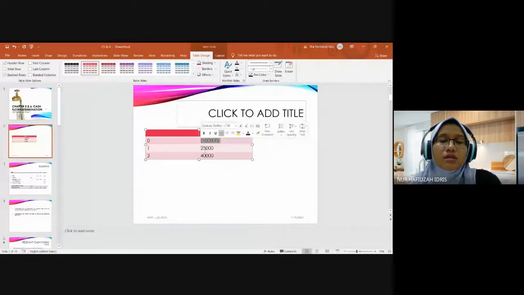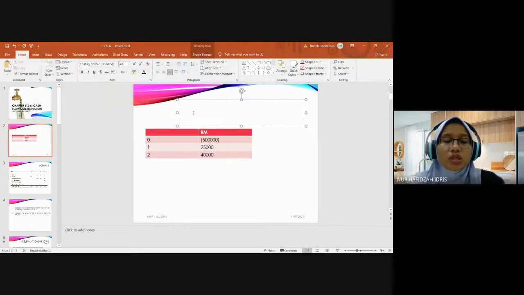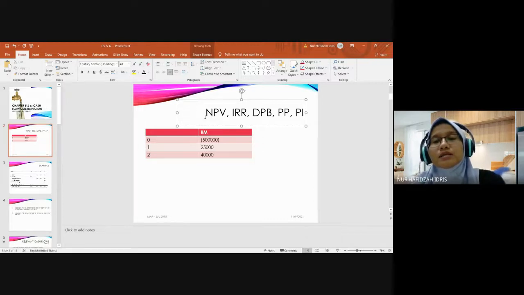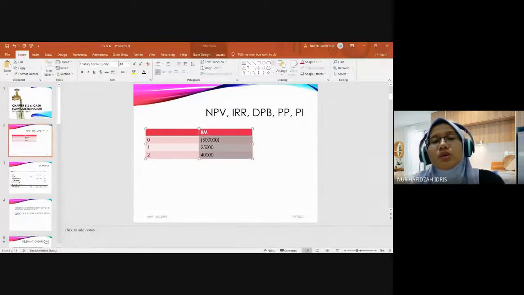Before you make a decision to buy machine A, you need to evaluate based on its net present value, internal rate of return, discounted payback period, payback period, and profitability index (PI). These are some of the evaluations that you need to do before you decide whether to buy or not to buy this machine.